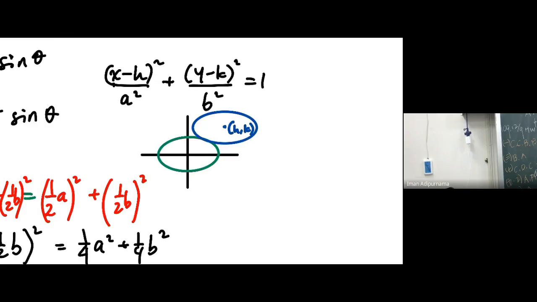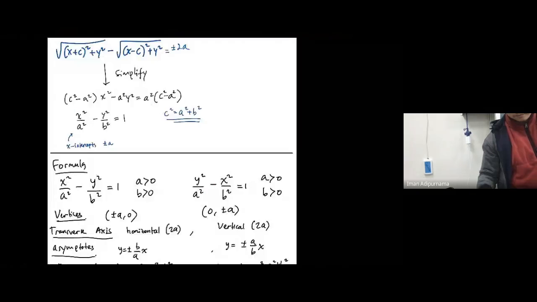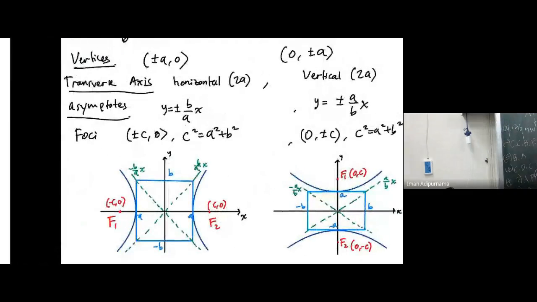And also hyperbola, you can do that also. What you need to do for hyperbola is do not focus on the hyperbola, but focus on the box at the middle. Instead of looking at the hyperbola, because if you look at it, probably you will get mixed up in your mind.